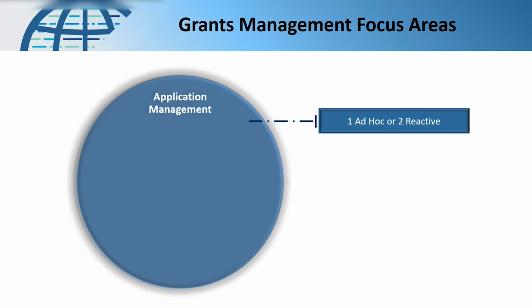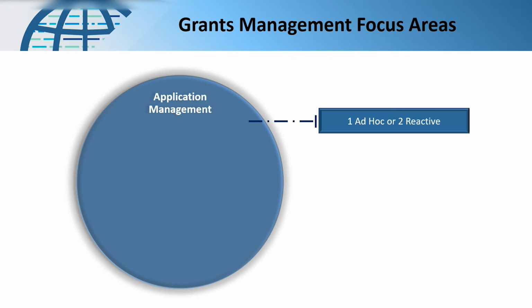And the baseline place, or the minimal capability you need to get to, is to have basic application management. So you have forms online, you have proactive features where you can collaborate with your grantees and even your internal staff. This is a foundational requirement.